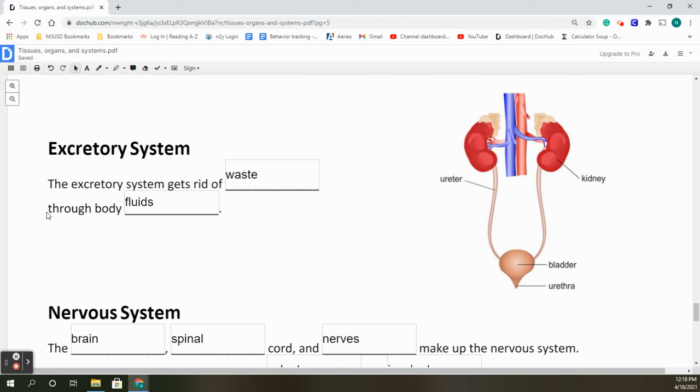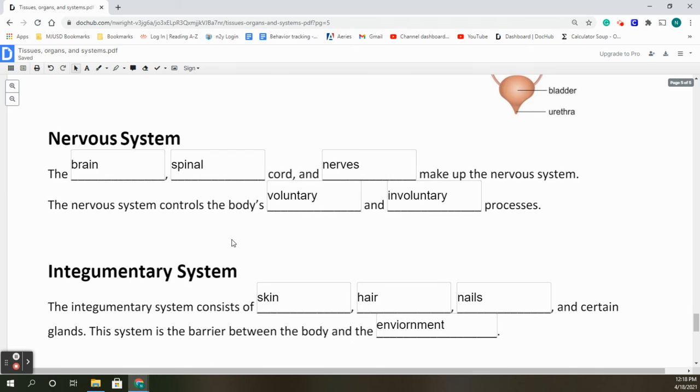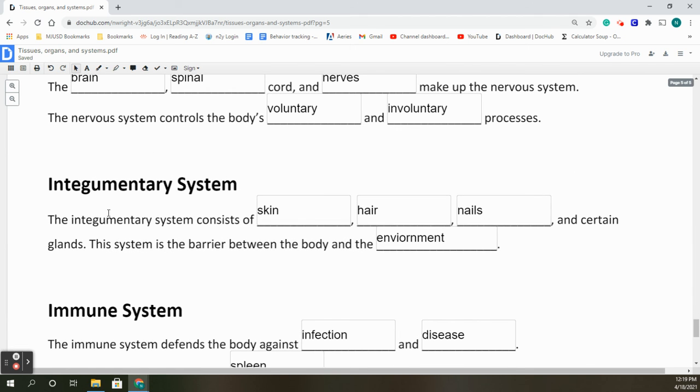If you needed dialysis, the waste in those bodily fluids would be removed through dialysis. Nervous system. The brain, spinal cord, and nerves make up the nervous system. The nervous system controls the body's voluntary and involuntary processes.